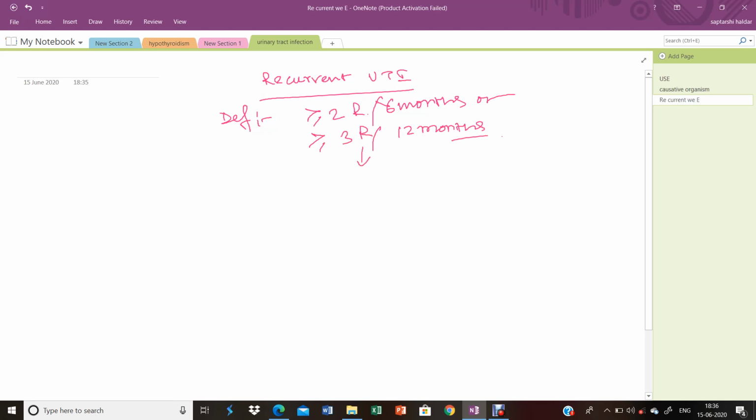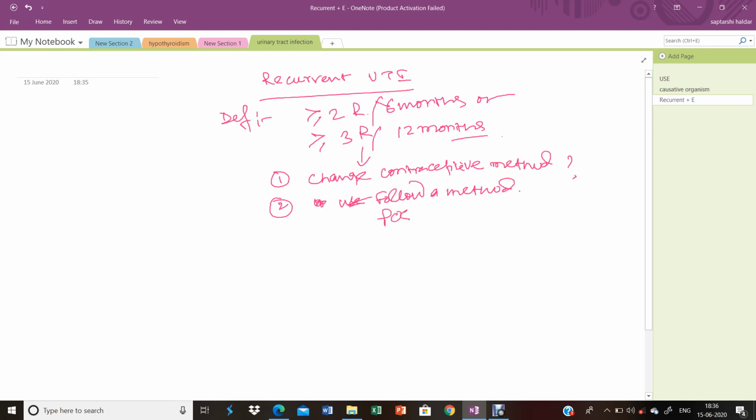If the patient has recurrent UTI, then we give some advice: change the contraceptive method if the UTI is due to postcoital cause. Second, follow a method of postcoital urination.